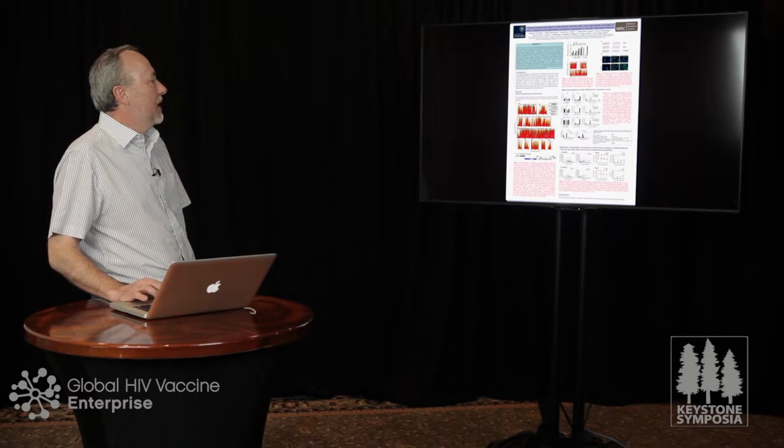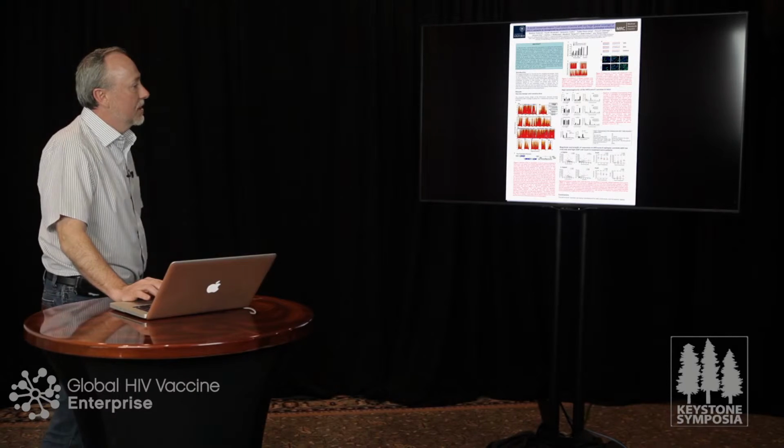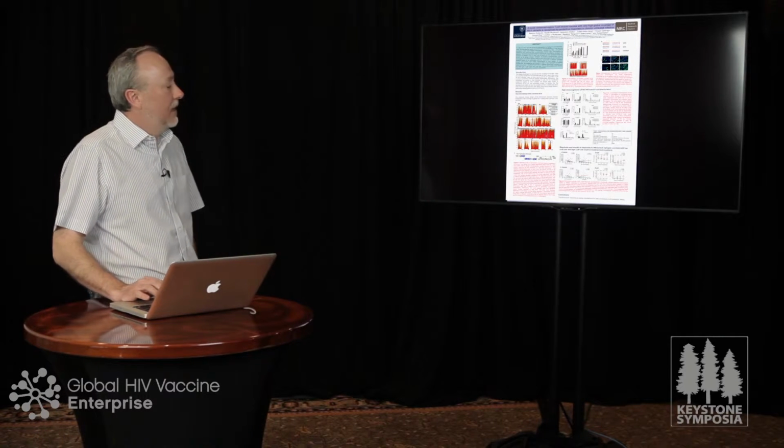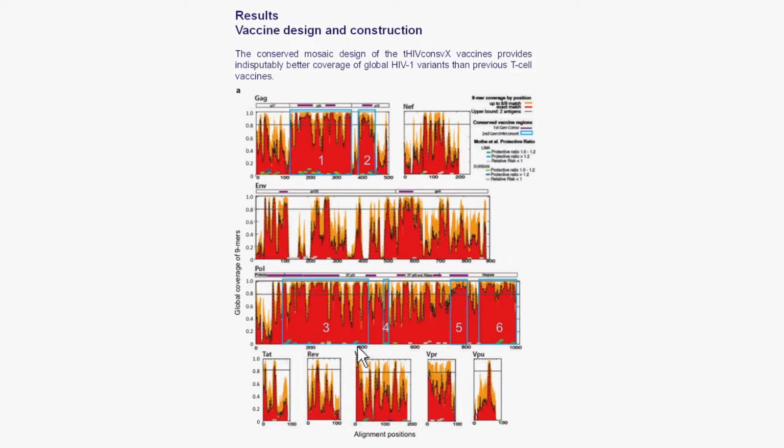Now, the second improvement is that we're including protective epitopes, which have now been defined on cohorts of treatment-naive individuals on 3 different continents. They are shown in blue and green little squares here.